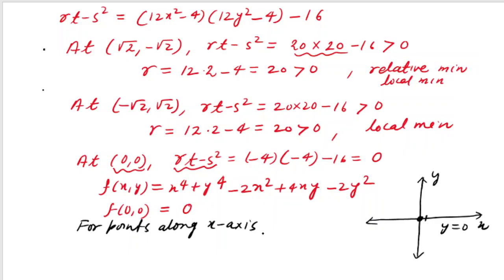So along the x-axis, if you calculate the function value f of x comma y, with y equal to 0, you will get x to the power 4 minus 2x square, and this is nothing but x square common into x square minus 2.